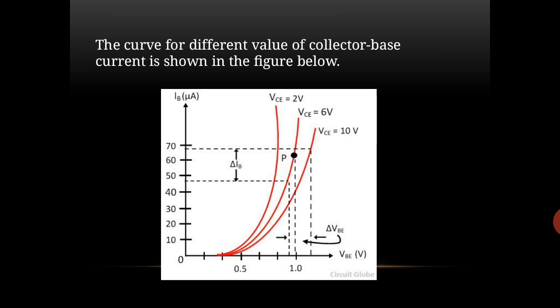Now see, this is the graph and the red lines indicate that the collector emitter voltage is kept constant, which is 2 volt, 6 volt and 10 volt. Means at three different values of collector emitter voltage we are getting this kind of curve. The x-axis shows the voltage across base emitter, means it is the input voltage, and the y-axis represents the base current, which is in microampere.